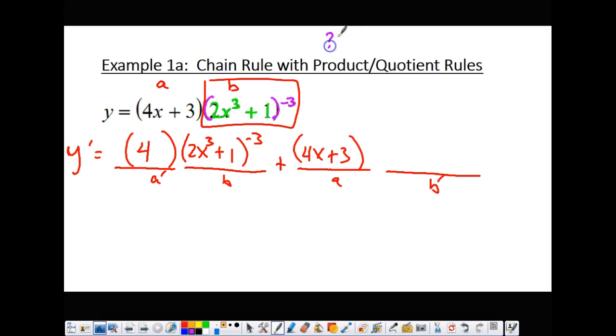So what would something to the negative 3 be if I took its derivative? Good. So it's going to be negative 3, parentheses negative 4, and what goes in the parentheses here? Yep, it doesn't change. And then we multiply that by the derivative of the inside, which is 6x. So that's it. So you guys can see we have to do 2 rules at once, right? Part of the product rule here is a chain rule.